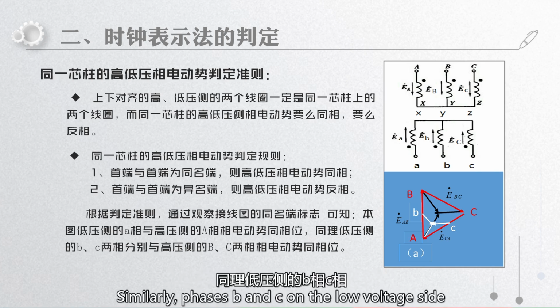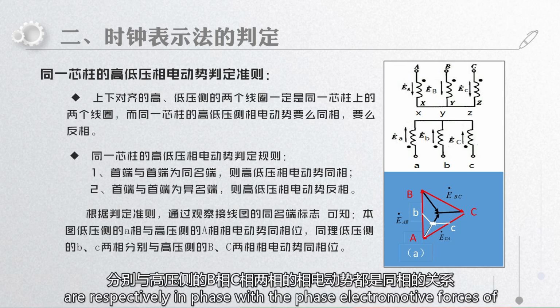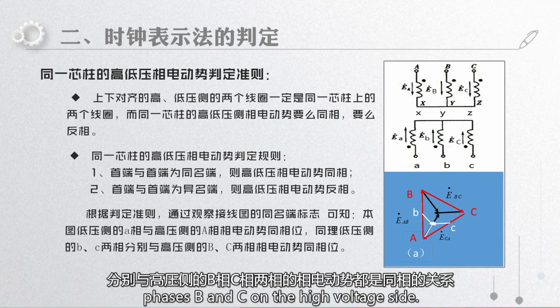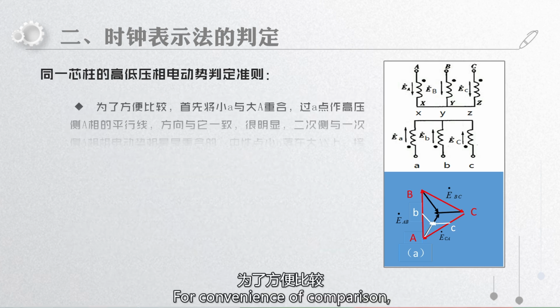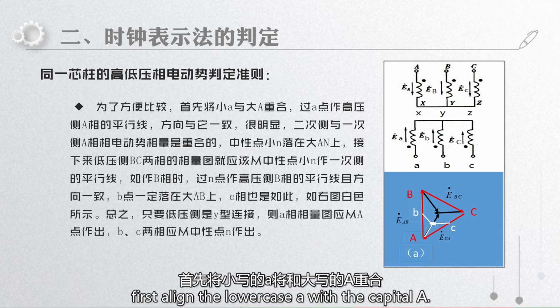Similarly, phases B and C on the low voltage side are respectively in phase with the phase electromotive forces of phases B and C on the high voltage side. For convenience of comparison, first align the lowercase a with the capital A.